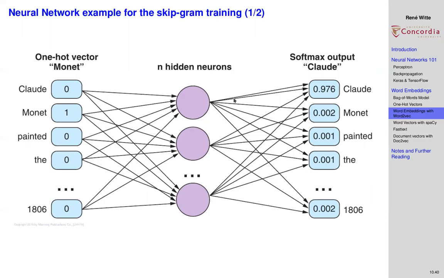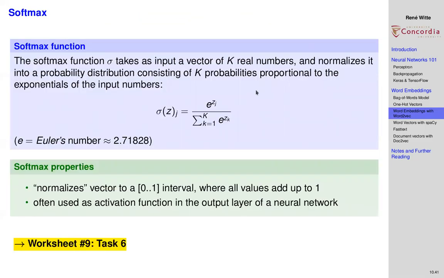So here in the output, the calculation is first just as we've done it before. We have weights for each of these input connections from the input one-hot vector to the hidden neurons, and then again from the hidden neurons to the output vector. One difference is the way we calculate the output, which is typically done with softmax.